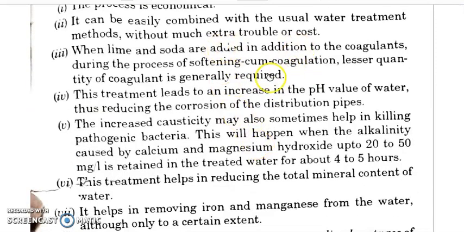So the chemical requirement in a coagulation tank would be less. This treatment leads to a slight increase in the pH value of the water, thus reducing the corrosive property of the water. Then the increased causticity may also sometimes help in killing pathogenic bacteria. The lime also helps in killing some pathogenic organisms because of the increase in the pH value.